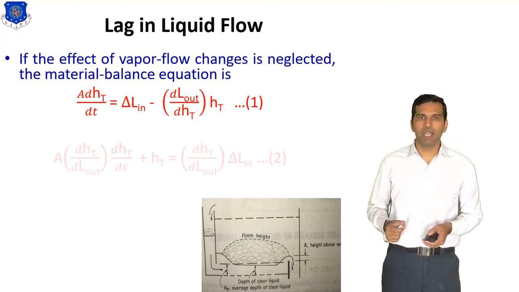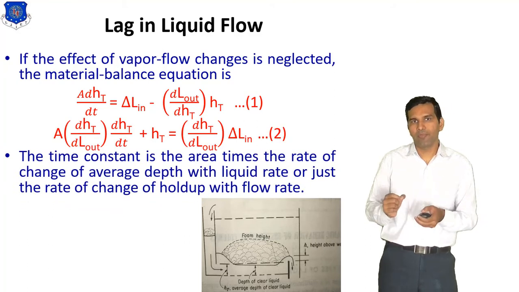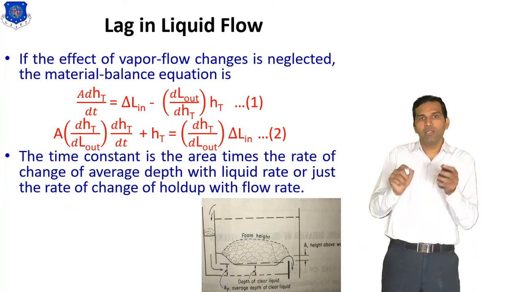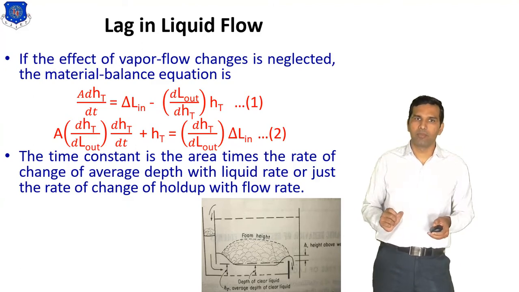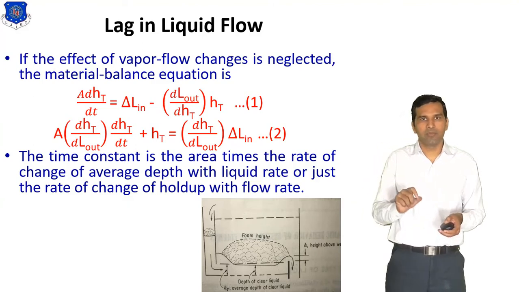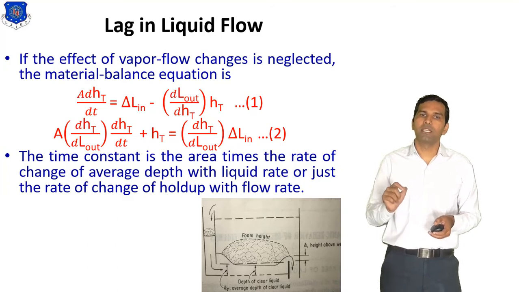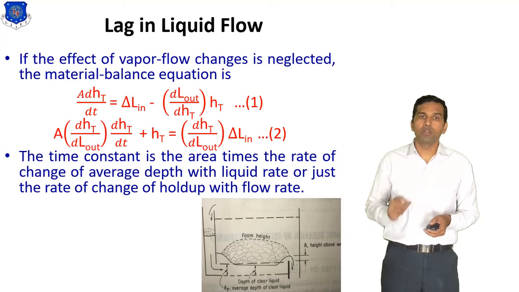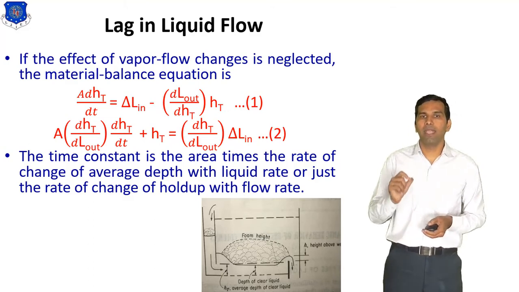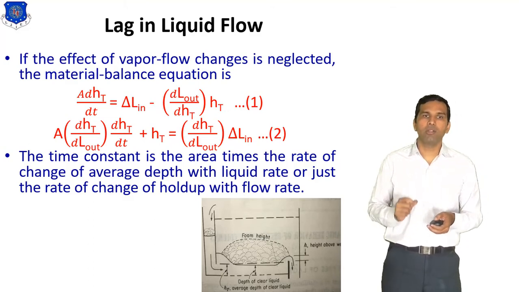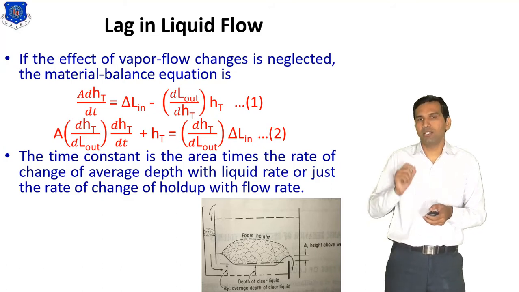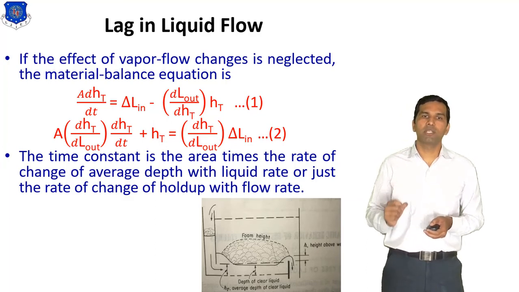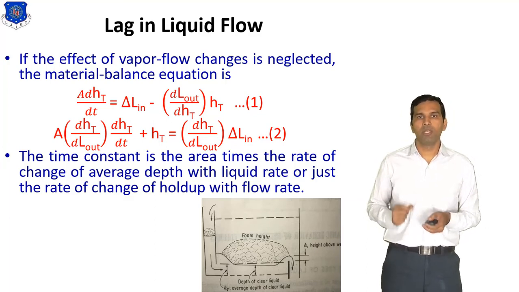This equation we can write as A (dHT/dL out)(dHT/dt) + HT = (dHT/dL out) ΔL in. So the time constant is the area times the rate of change of average depth with the liquid rate, or just the rate of change of holdup with the flow rate.